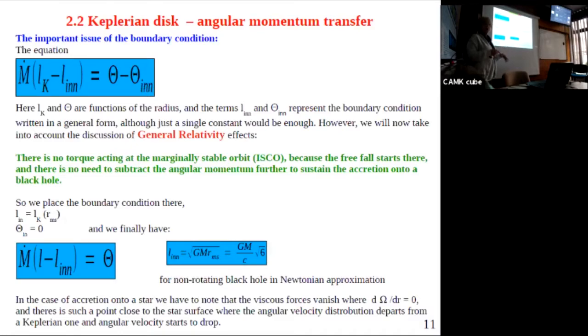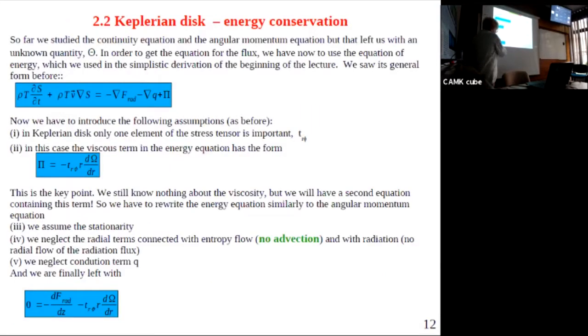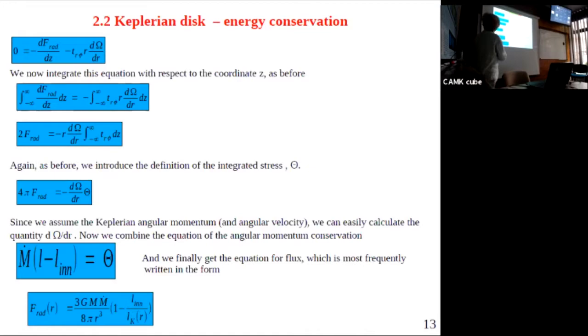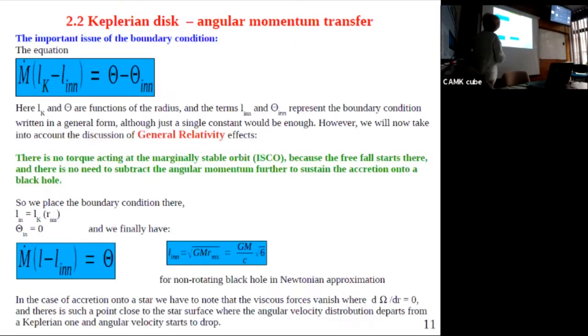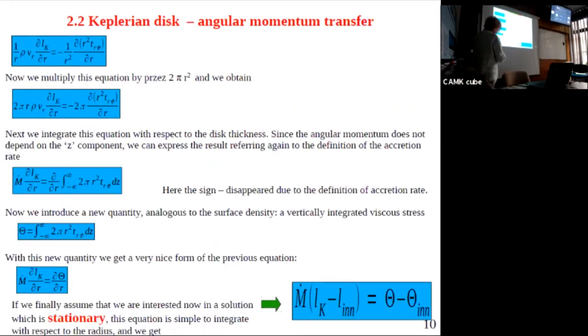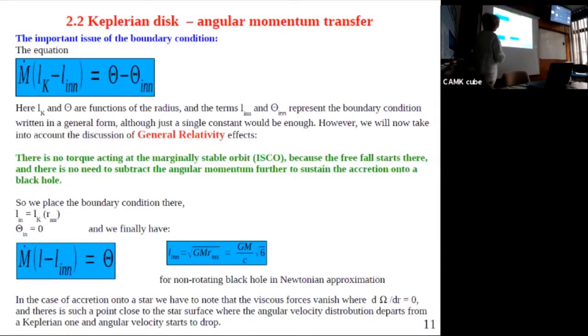But now we will use this knowledge from full GR and from existence of ISCO, the innermost stable orbit. There, I told you, viscous stresses should be 0. So then it's convenient to formulate this inner boundary condition exactly at ISCO, where you know that stress is 0.